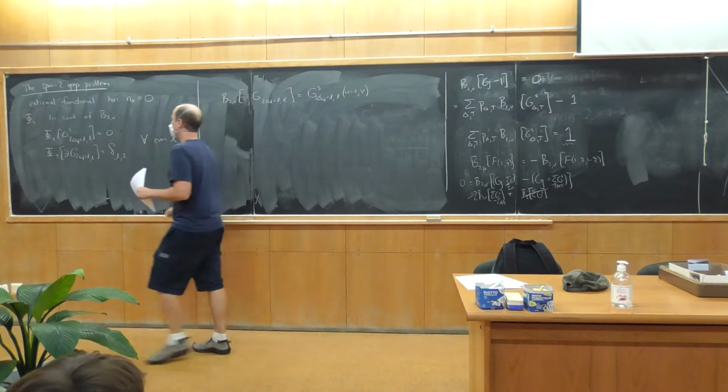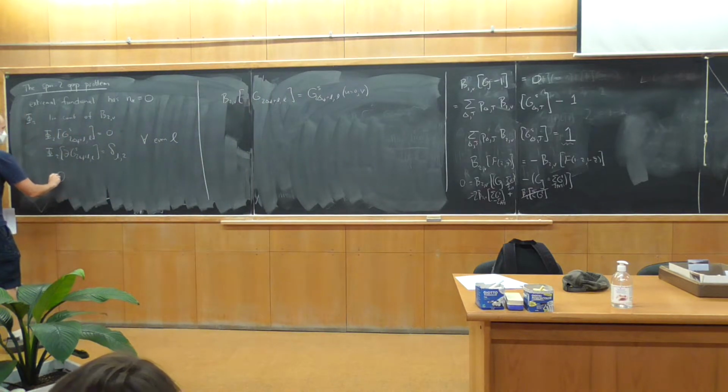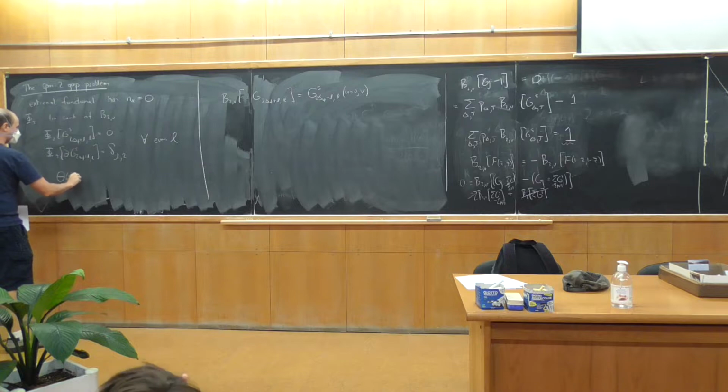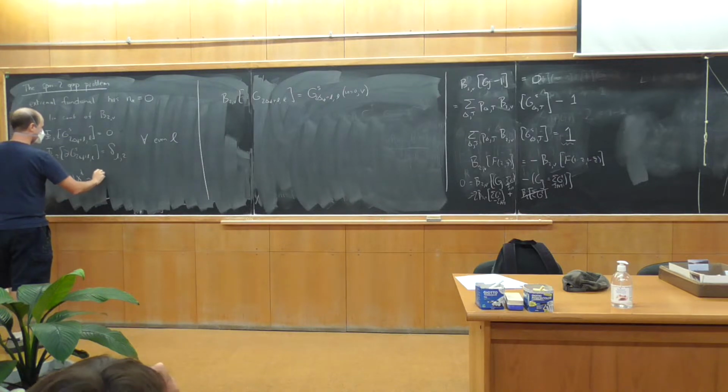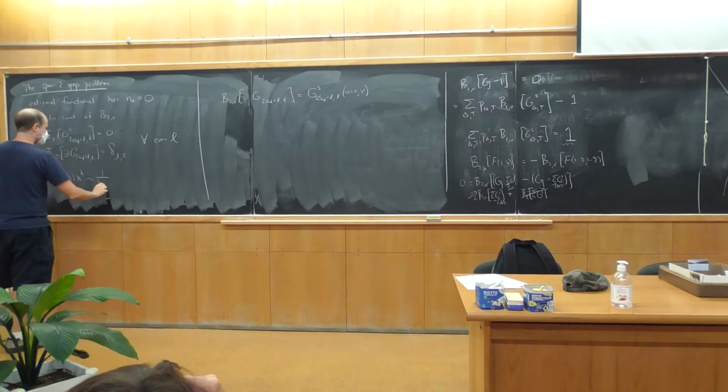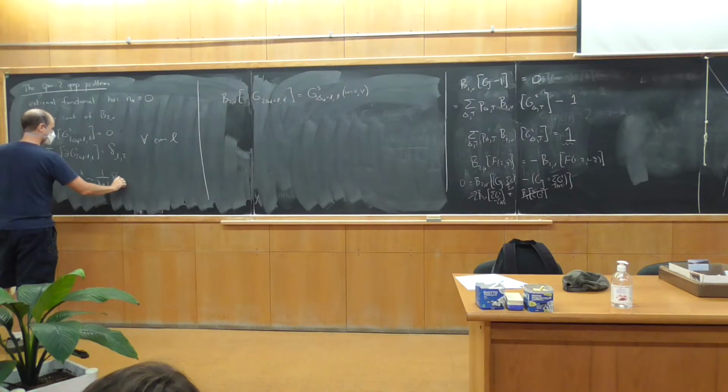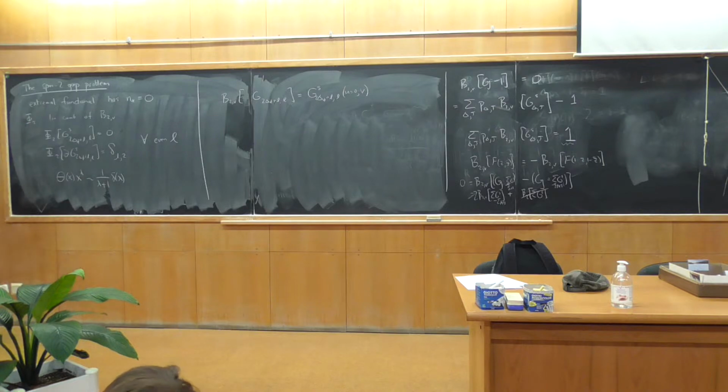Right? That had to do with this identity that I wrote here, involving theta of x to the lambda, which has a pole that looks like 1 over lambda plus 1 times delta of x.